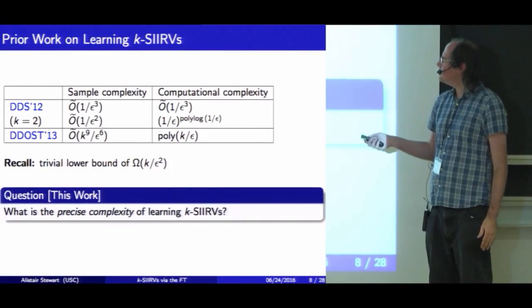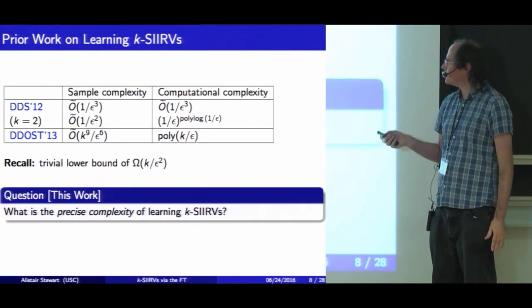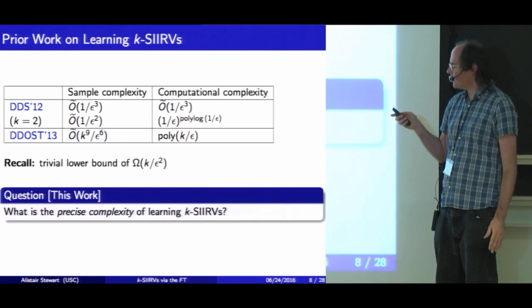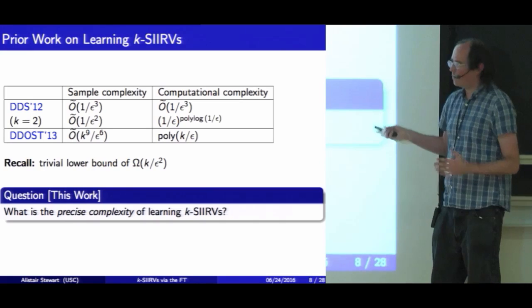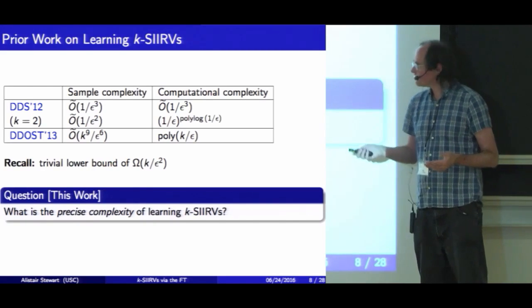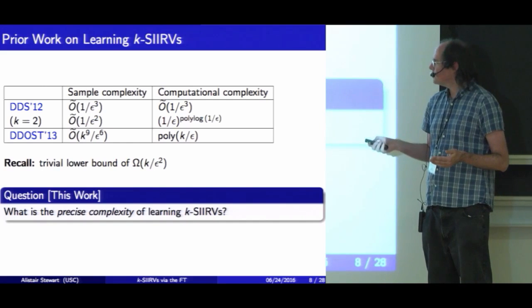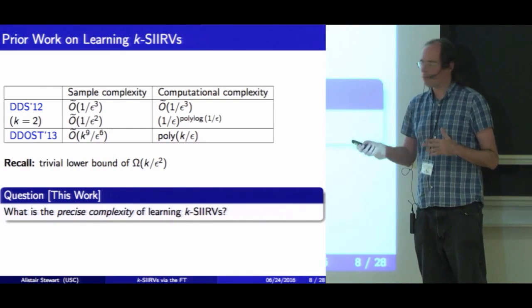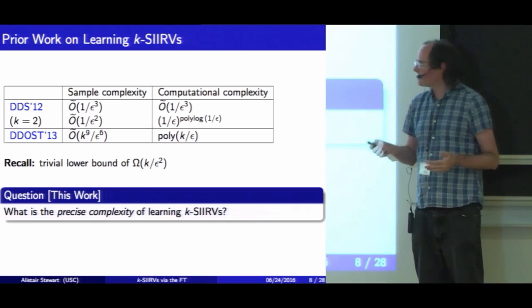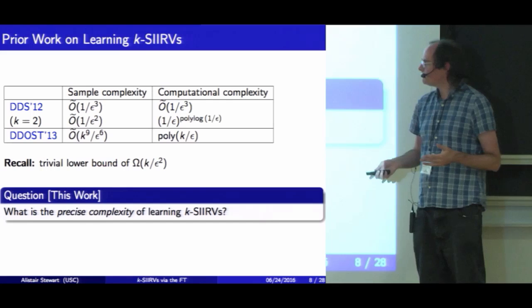For k equal to 2, there was a relatively fast algorithm, but it's not known how to get an efficient algorithm with the optimal sample complexity. And for general k, the best bound on the sample complexity is a high degree polynomial in k and epsilon, which is far away from the lower bound I mentioned earlier of k over epsilon squared.